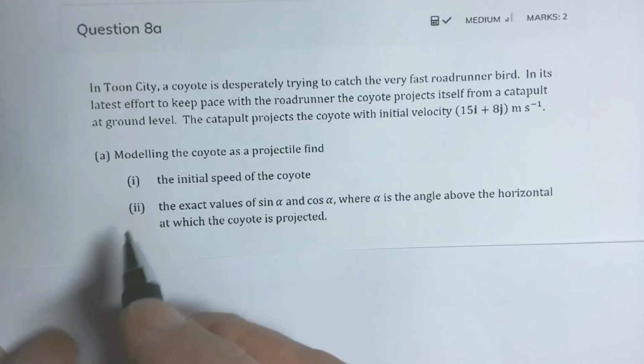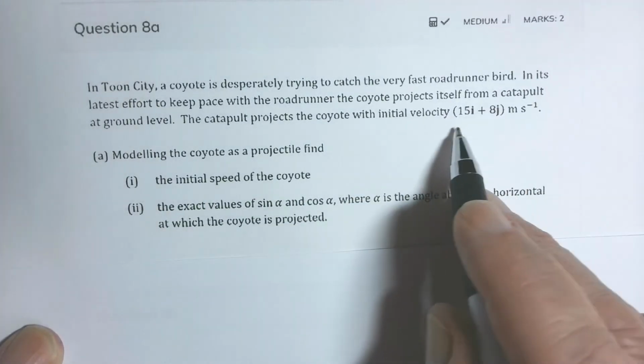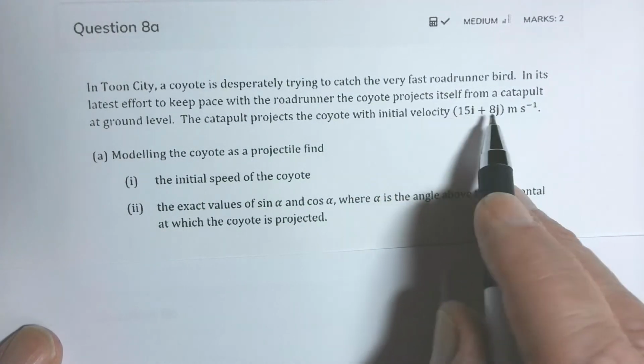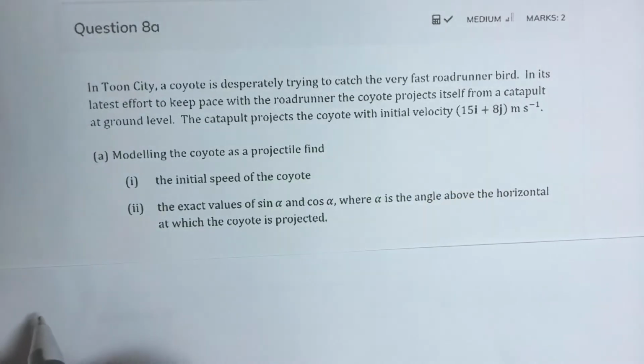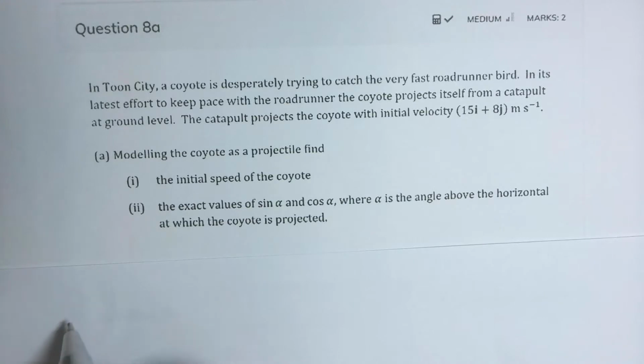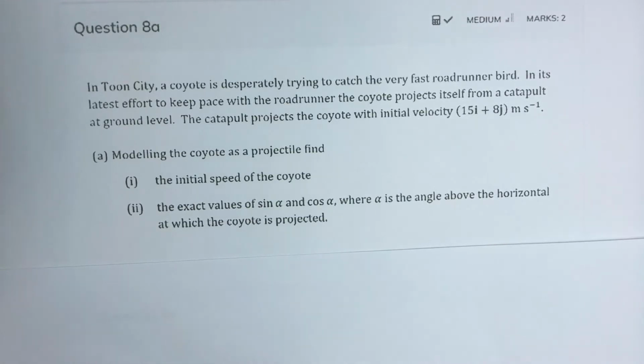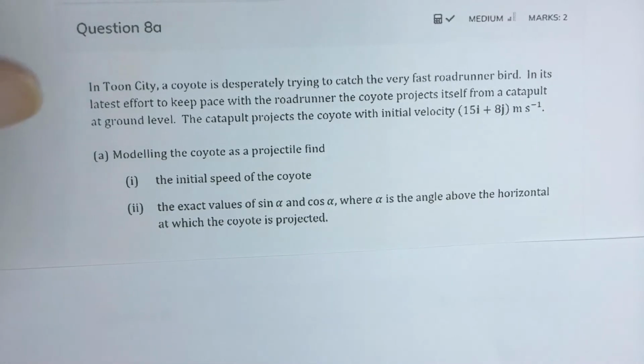It's just the fact that we're given an initial velocity in this notation, which I think we talked about last time.